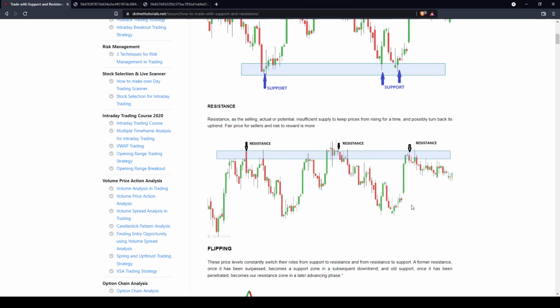But what this does is create a barrier, a wall that bulls need to break, pretty much. People need to be buying at that level for the price to rise further. If the selling pressure is above the buying pressure, price will fall.